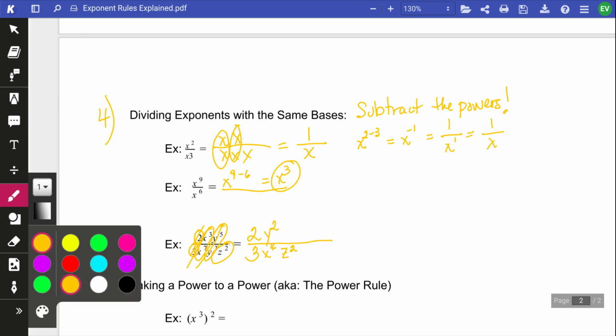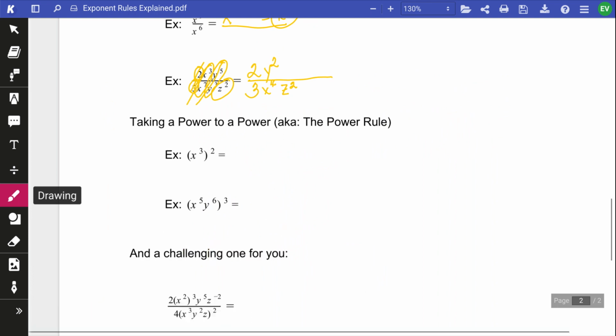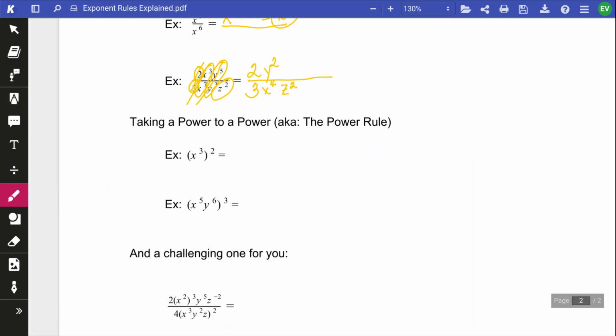Okay, so the next one is taking a power to a power. In other words, the power rule. And this is our last rule here. So when I look at x to the third power and then take that to the second power, what that really means is x to the third times x to the third, right?